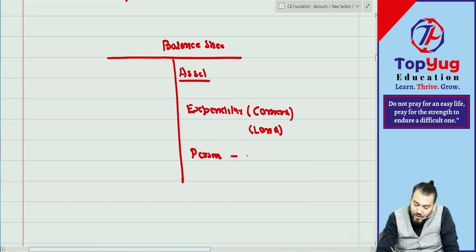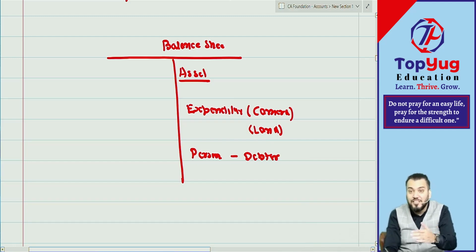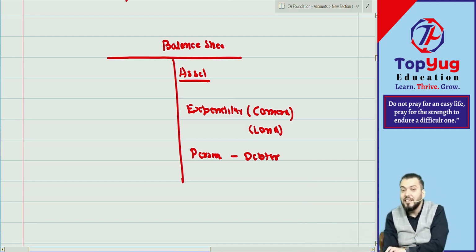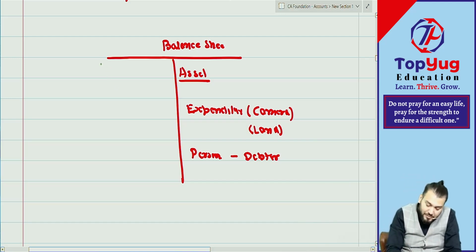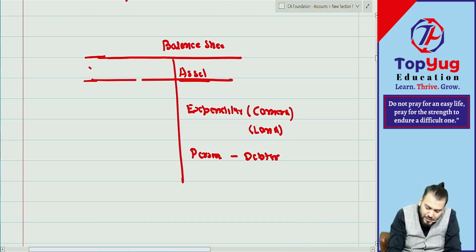Personal account means what? Debtor. The debtor means any amount receivable from that person. On this side, actually we should call it equity and liability.